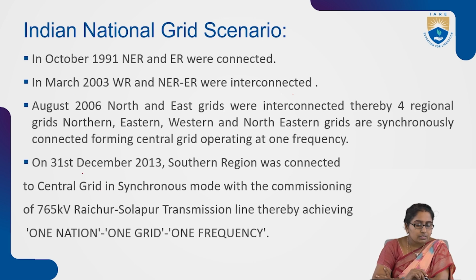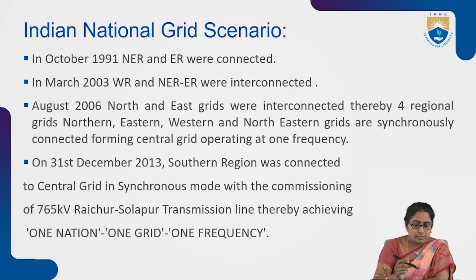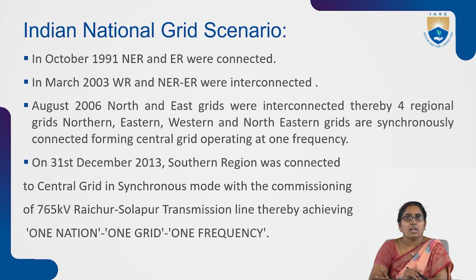Then on 31st December 2013, the Southern region was connected to the central grid in synchronous mode with the 765 kV Raichur Solapur transmission line, thereby achieving one nation, one grid, one frequency.